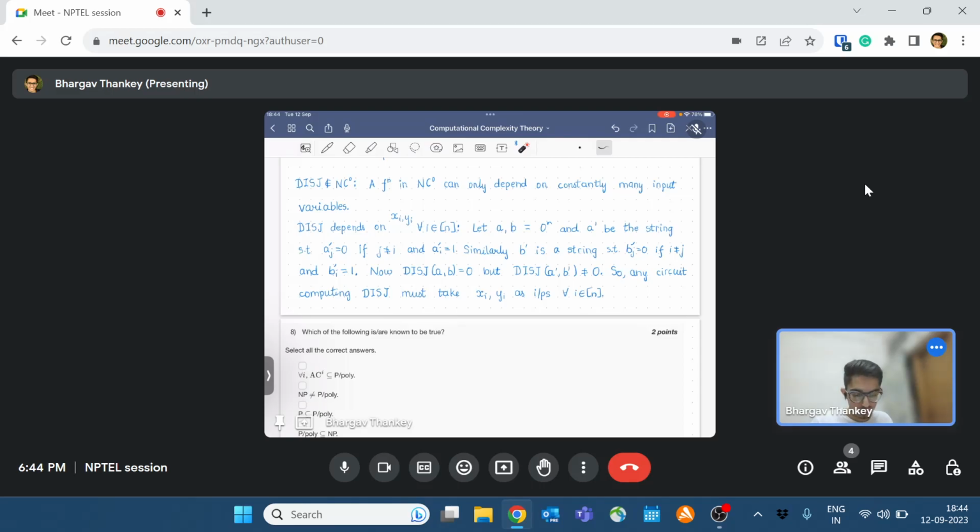So that circuit cannot output 0 for AB and 1 for A prime B prime. That circuit must either say that disjoint AB is 1 or that disjoint A prime B prime is 0, because its output on both of these should be exactly the same. So every circuit computing disjoint must take xi, yi as inputs, and this argument works for all i in n, right? Is this fine or should I repeat this again?